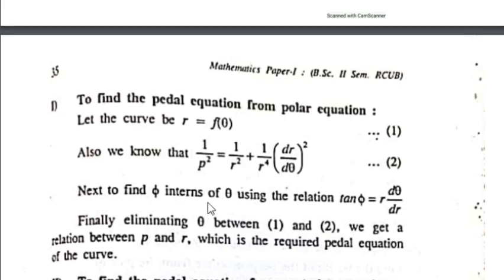Now find phi in terms of theta using tan phi is equal to R into d theta by dr. Differentiate with respect to theta, and then using this formula, we find phi in terms of theta. Next, finally eliminating theta between 1 and 2, the resulting equation becomes in terms of P and R, which is called the pedal equation.